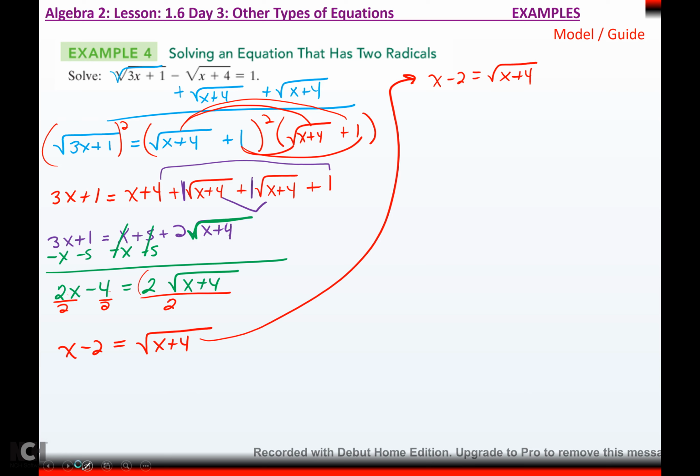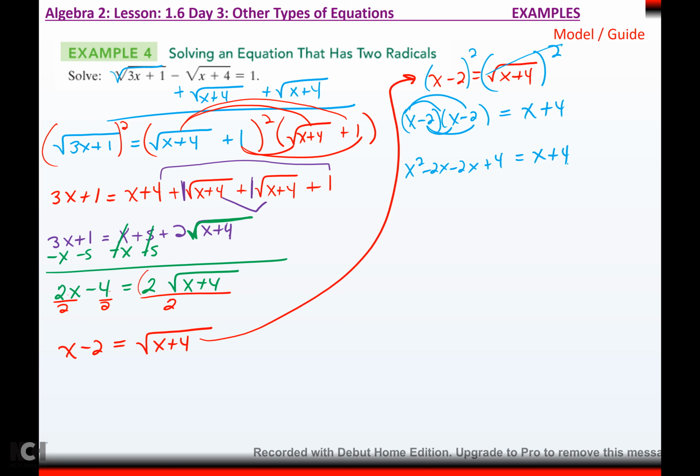My radical is now once again isolated, so I can kill it. But I got to square both sides. So 2 copies equals x plus 4, because the square kills the square root. This is going to give me x squared minus 2x plus 4 equals x plus 4.